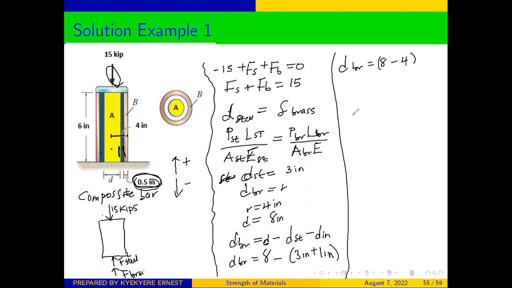And we can just put them into our equation, and from there we can evaluate the value of the forces in each of them. So we can say that P steel, putting the values into this formula, we don't know P steel, so we just put P steel there.